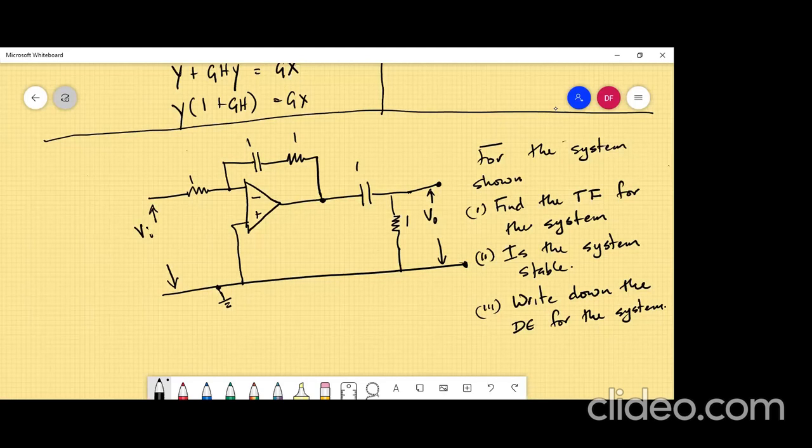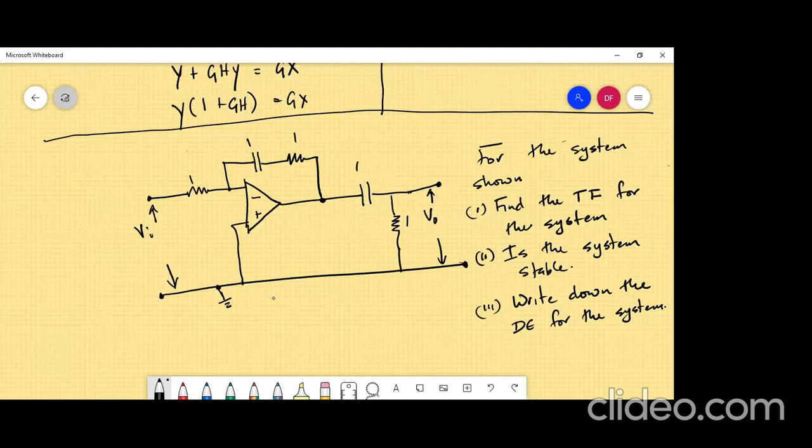All right. So we want to look at this problem here. First thing, we have to find the transfer function. Not how to find the transfer function, but what is the first thing we are going to do, based on what we said last week? Apply the Laplace transform, or divide the circuit.